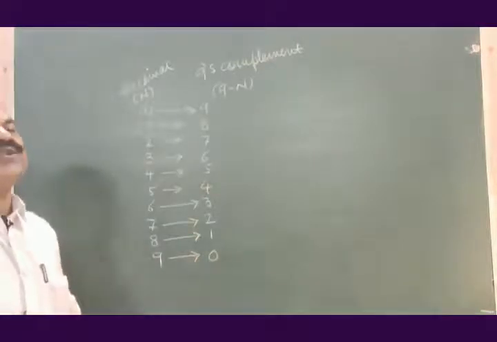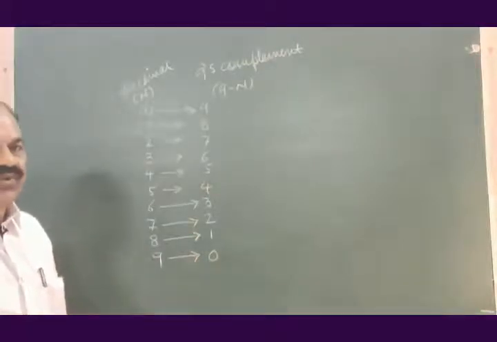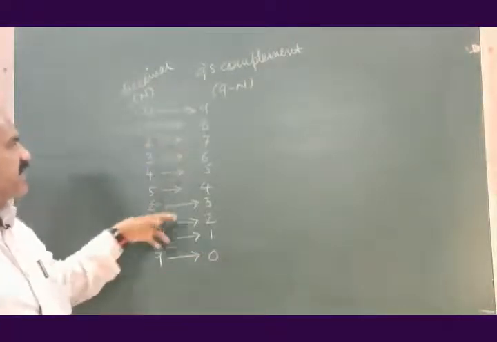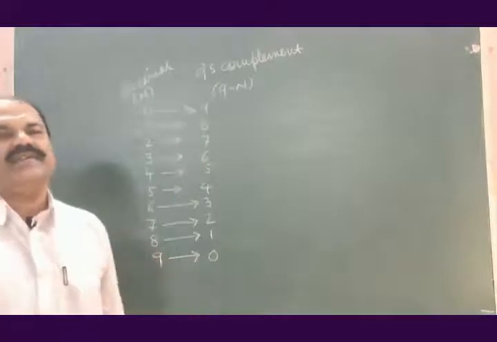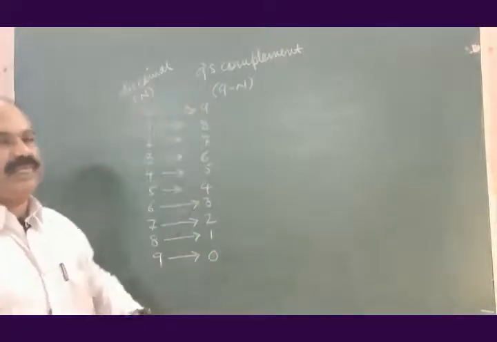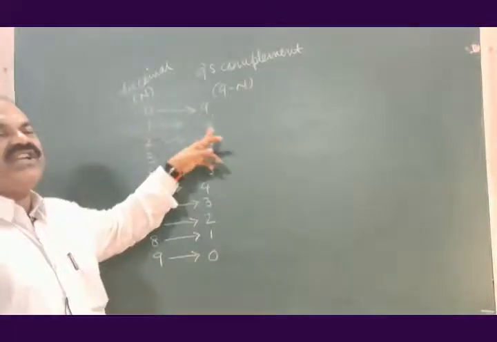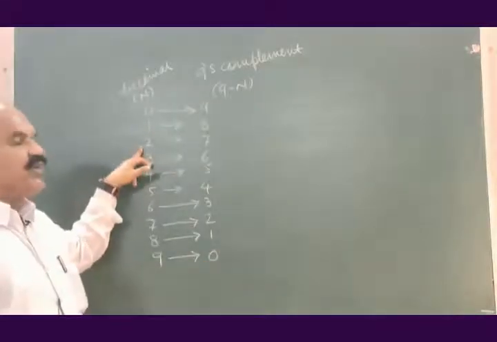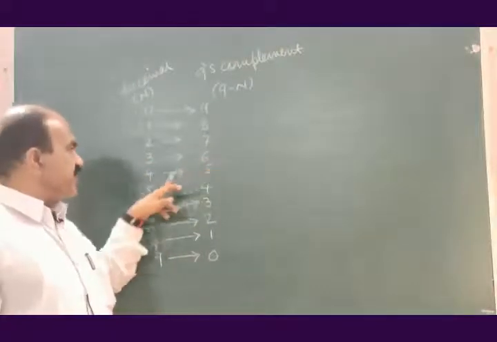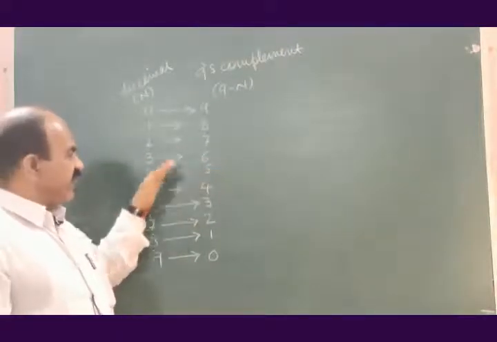To get the 9's complement, what we have to do is just subtract the corresponding digit from 9. Therefore, the 9's complement of 0 is 9, of 1 is 8, of 2 is 7, of 3 is 6, of 4 is 5, and so on.